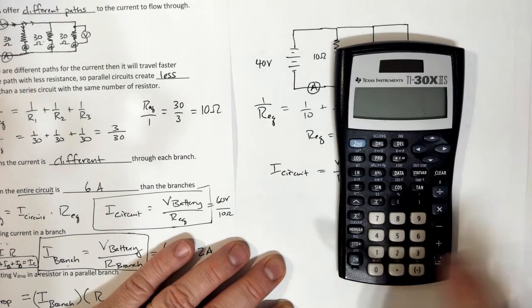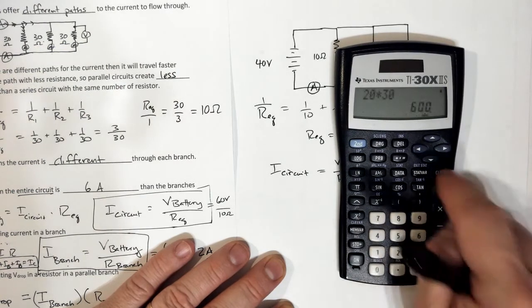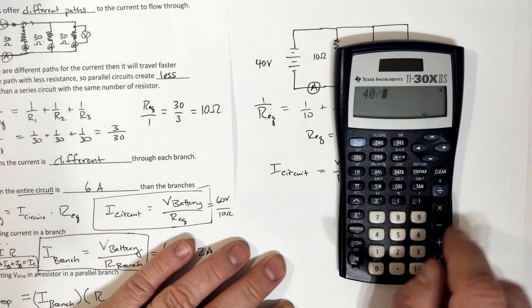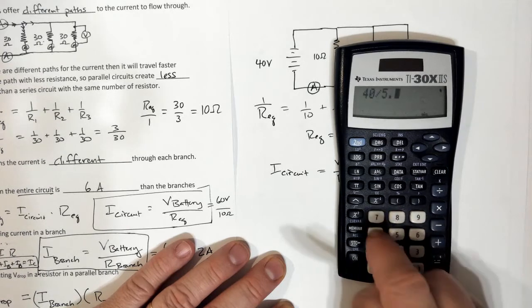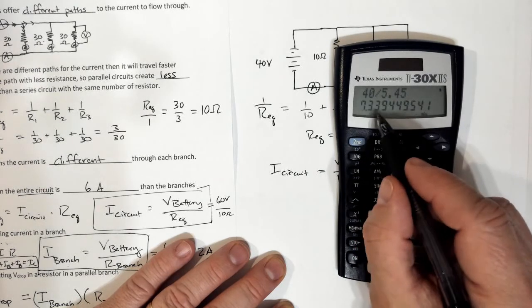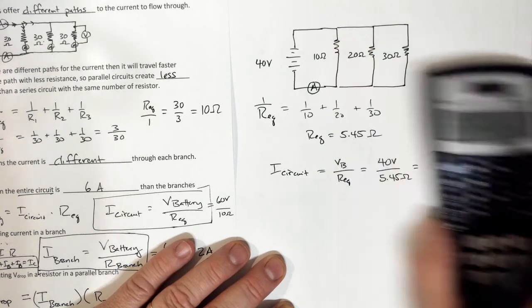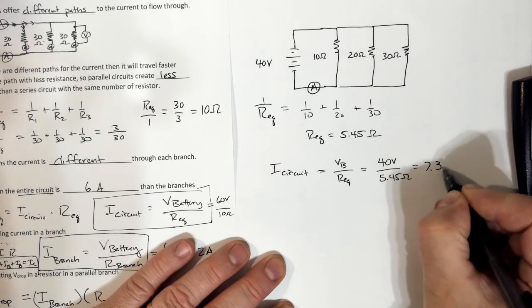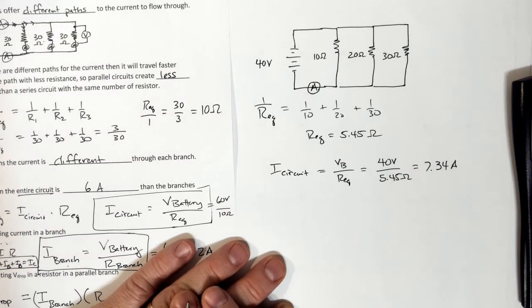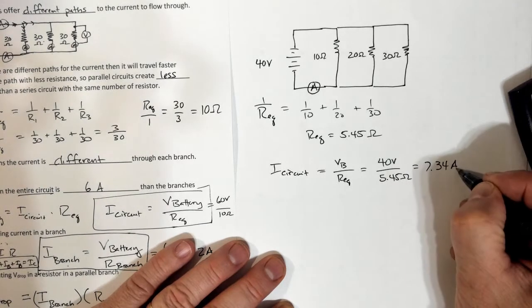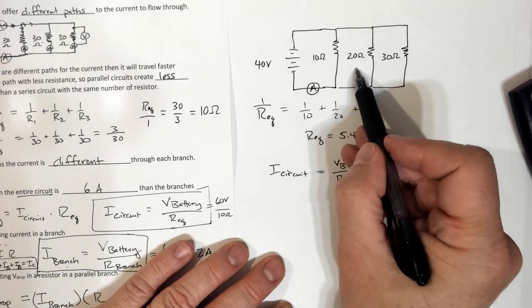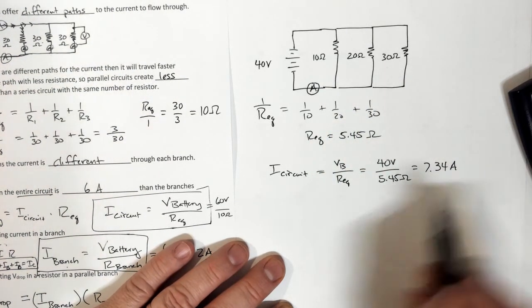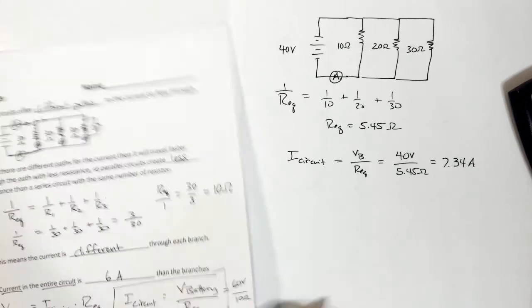And so 40 divided by 5.45 is 7.339, so 7.34 amps. Okay? That's the entire circuit. And then when I add up all these branch currents, I should get to 7.34. Remember, I told you they're going to add up.